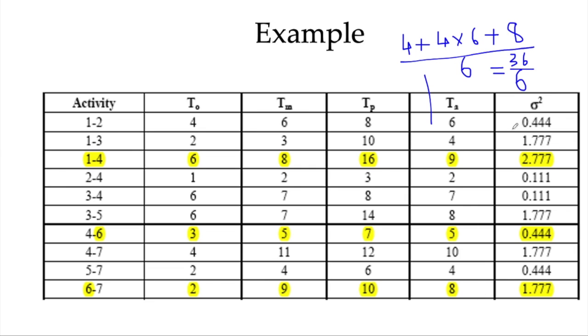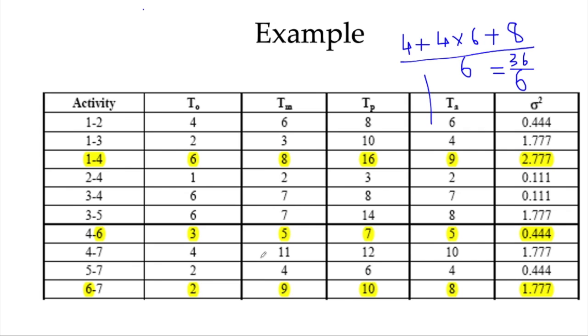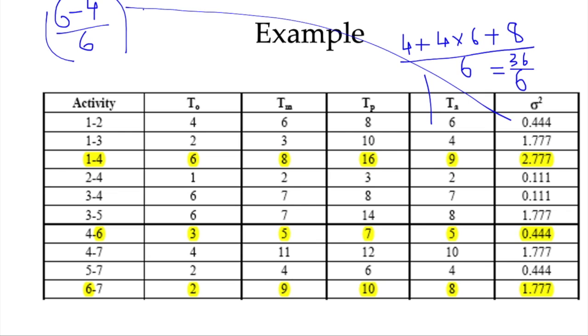And similarly you can find the variance. The variance is basically b minus a divided by 6, whole square. So this variance can be computed as 6 minus 4 by 6, whole square.